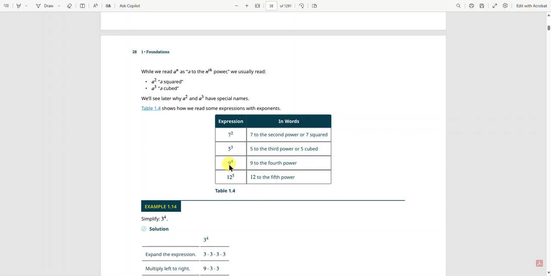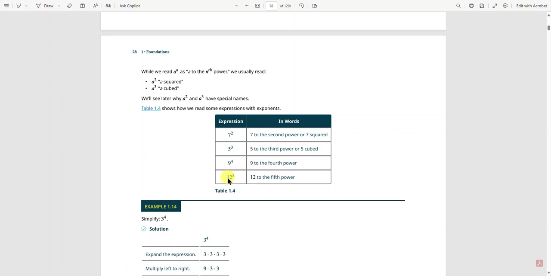The base 9 with the exponent 4 is read 9 to the fourth power. And the base 12 with the exponent 5 is read 12 to the fifth power. Notice that these special names are only used with the second and third powers. Everything else is just read regularly. 9 to the fourth power, 12 to the fifth power, and so on.